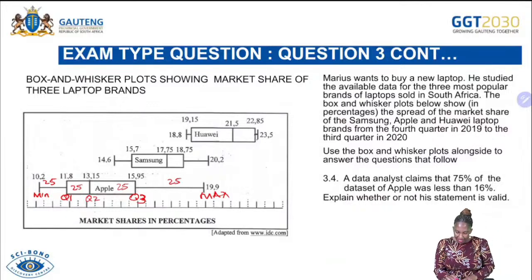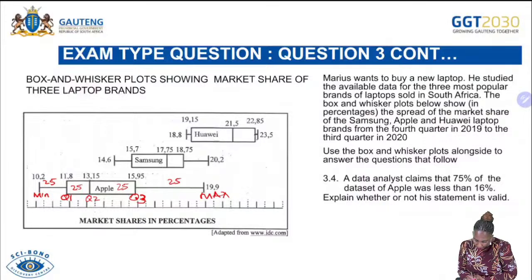Now it says a data analyst claims that 75% of the data set of Apple was less than 16%. Now looking at this Q3, it's 25, 25, 25. It will give us 75. So meaning our 75th percentile is at Q3. And then this Q3, it is less than 16 because it is 15.95.